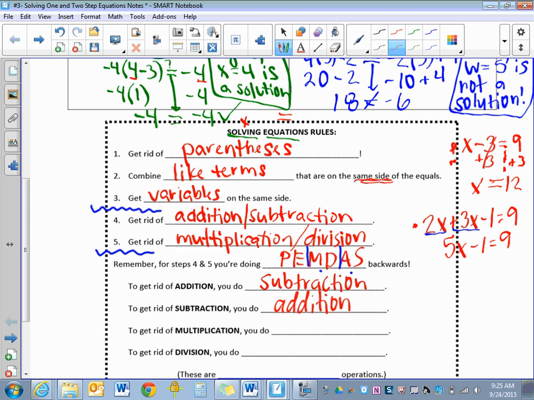Alright, then to get rid of multiplication, do you have an idea what we would do? Division, very good. And to get rid of division, what do we do? Multiplication.